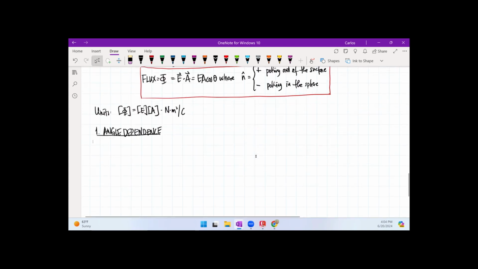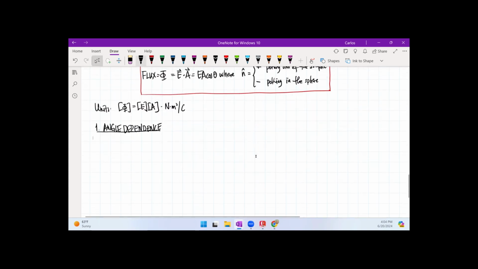So if I summarize this thing, here I go. In this situation, the electric field is coming through and it's poking out of the surface.